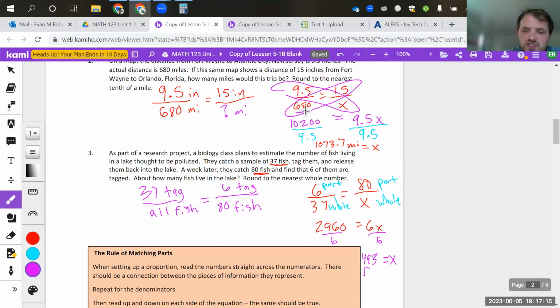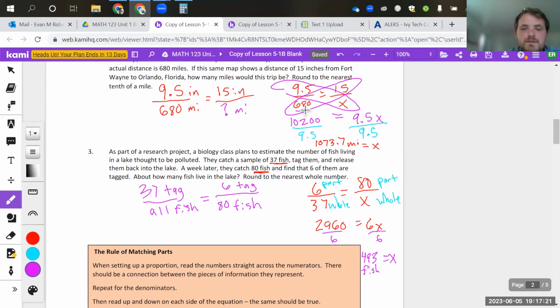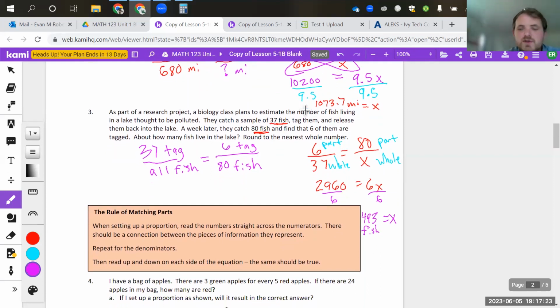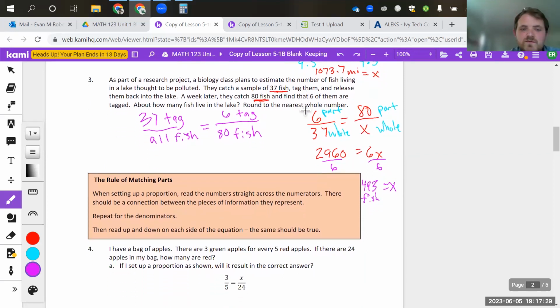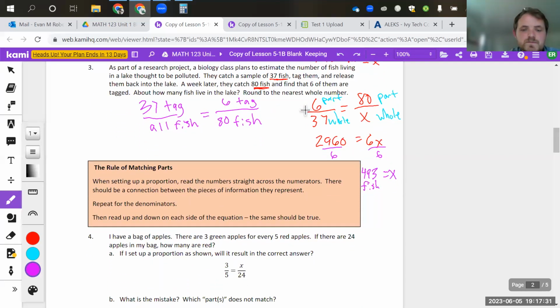And that would be fish in the whole lake. So hopefully that's making some sense again about the part over whole. Again, you could have totally done it the exact same way, cross multiplication there, and gotten 493 if you would have done it in the purple way.